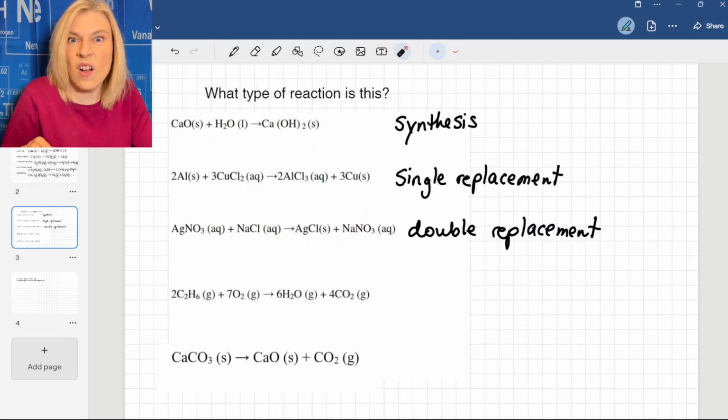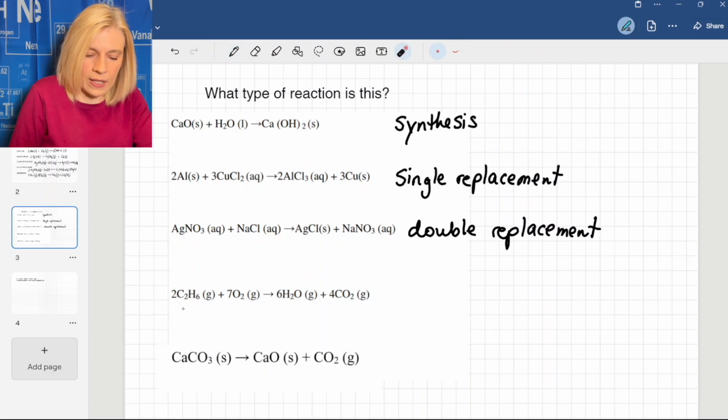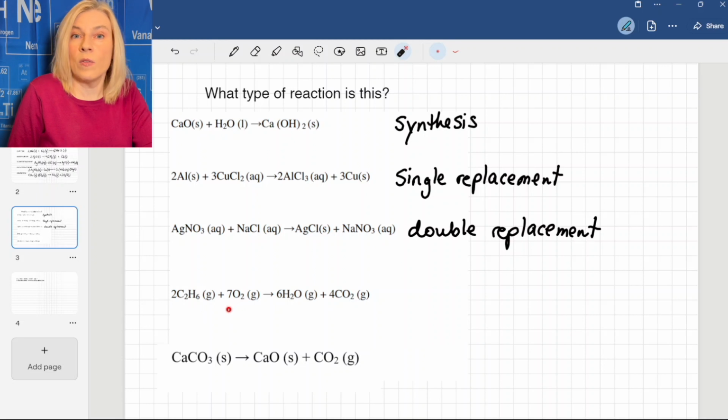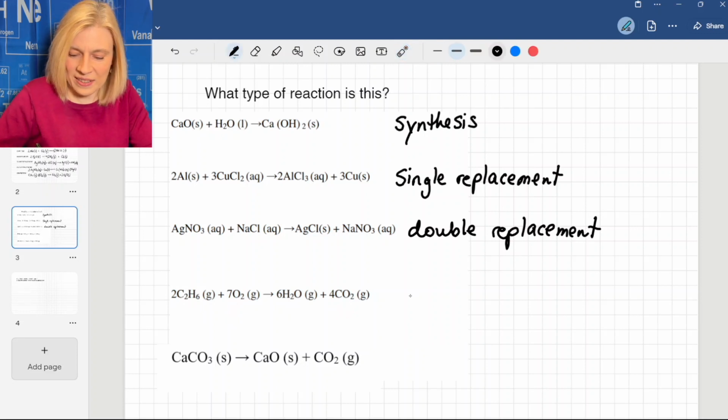Okay, let's keep going. Don't stop now. We're almost done. What do we have? I have a hydrocarbon, right? We have a carbon-containing compound reacting with oxygen, and it's producing water and carbon dioxide. Well, I think that's a combustion reaction.